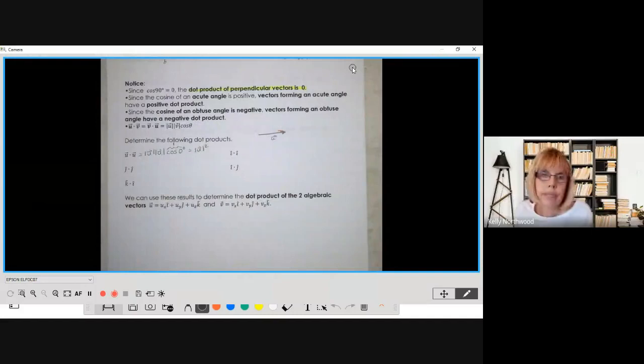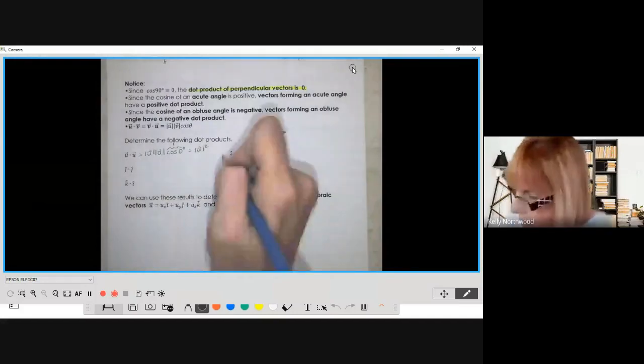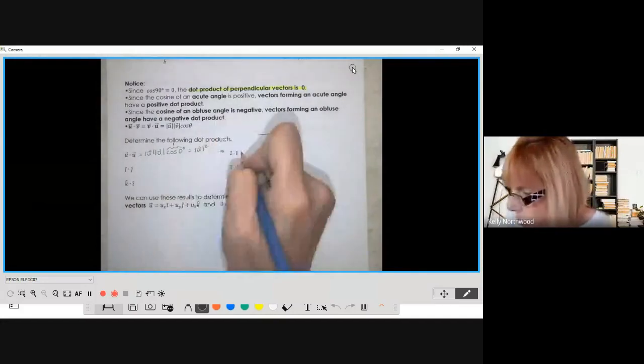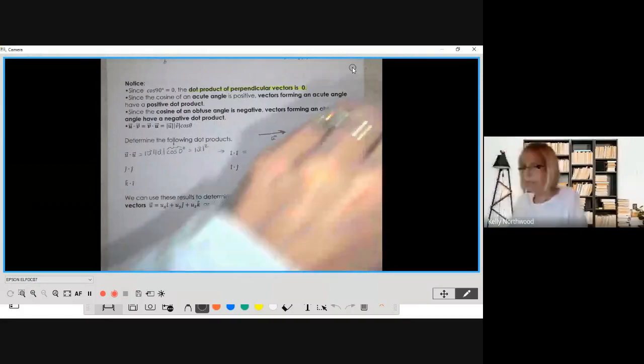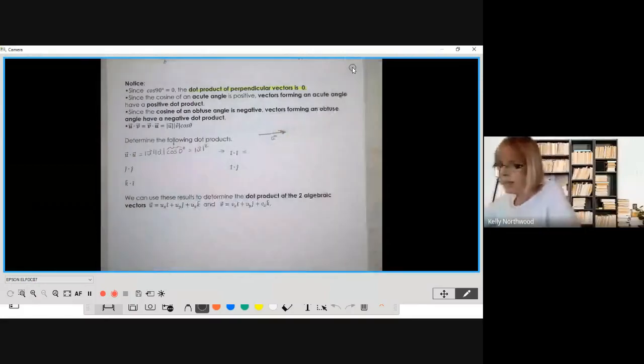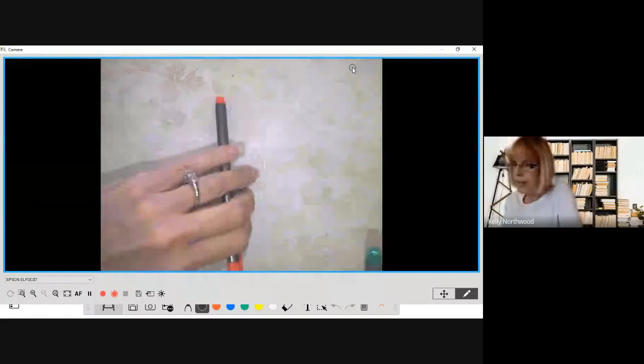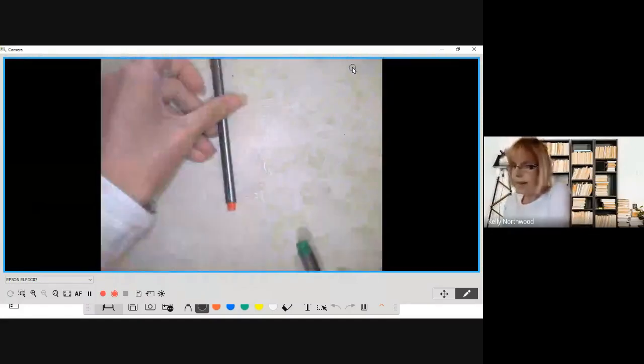So using that, we can find what i hat dot i hat is. Remember, if we have x, y, and z, I'll just use pens here. Here's my z-axis, my orange pen.